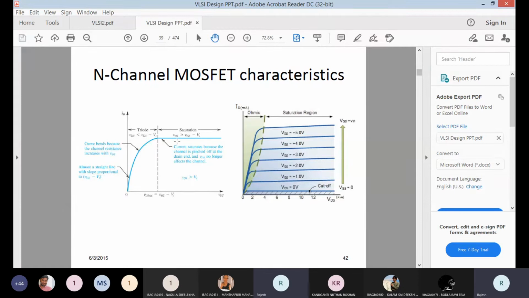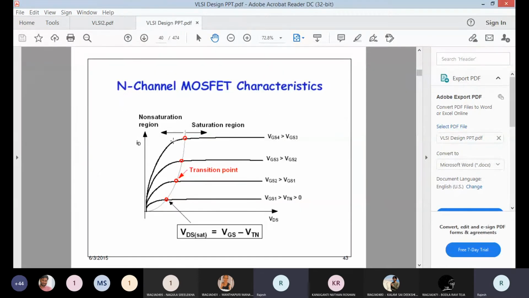But when you apply VDS greater than or equal to VGS minus VTN, this is the saturation region. So these are the NMOS MOSFET characteristics.